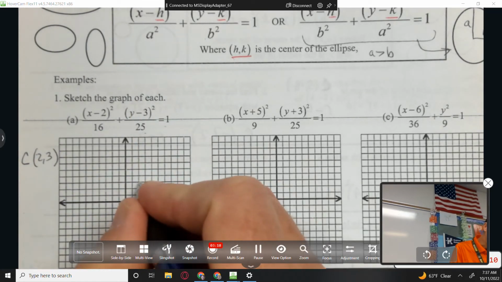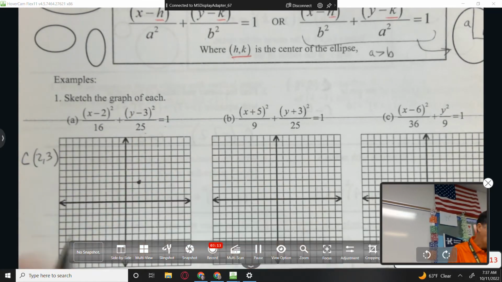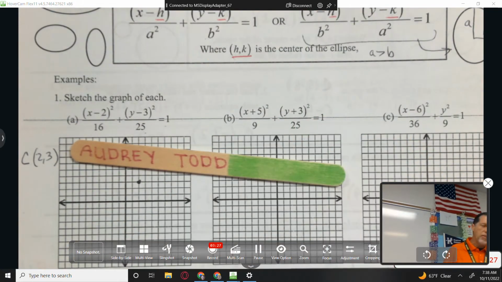So we'll go over 2, up 3. Again, you have to think it's an ellipse, so there's not one radius, there's two different radii. So Audrey, put you on the spot. Very first one. How far left and right do you think we should go?